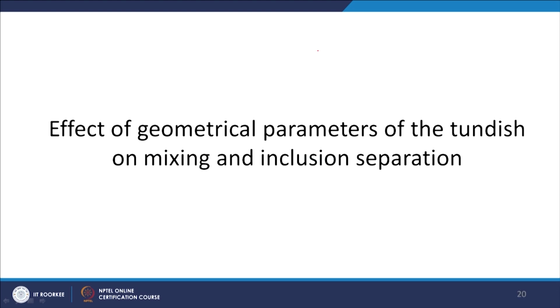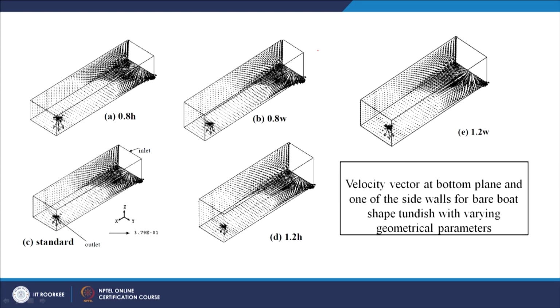Another thing which was done was that the effect of geometrical parameters of the Tundish on mixing and inclusion separation was also studied. Many a time we have shallow Tundishes, larger Tundishes or smaller Tundishes, with less height or less width, so what will be the effect?